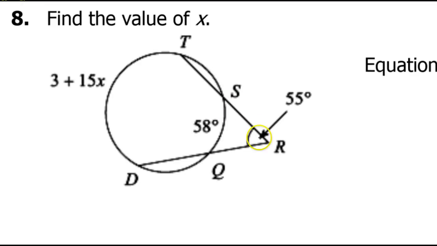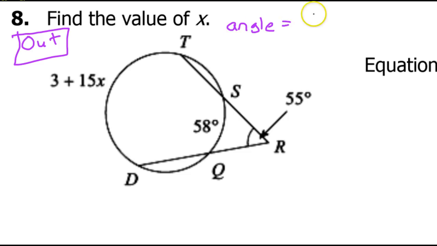So here's another outside the circle problem. This is an out problem, and the formula for when you're outside the circle is angle is equal to the big arc minus the small arc divided by 2.